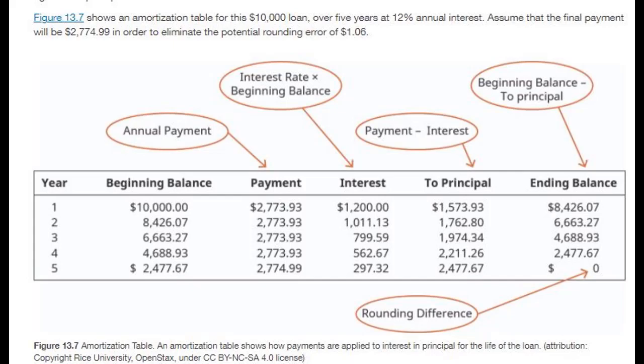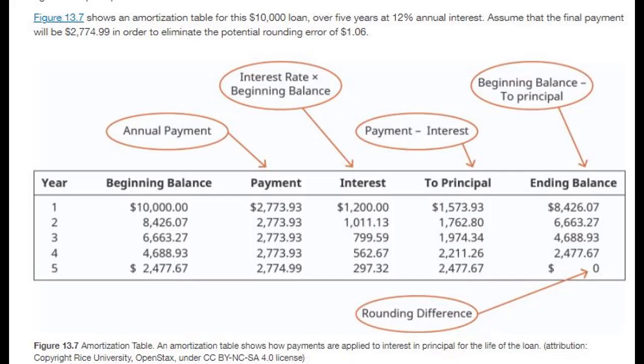The other thing I'd like to show you is that if you look carefully at the payment column, the textbook, using that rounding difference argument, increased the fifth and final year payment by about $1. Actually, by precisely $1.06.